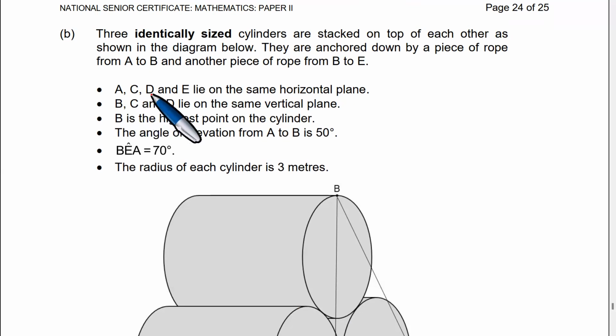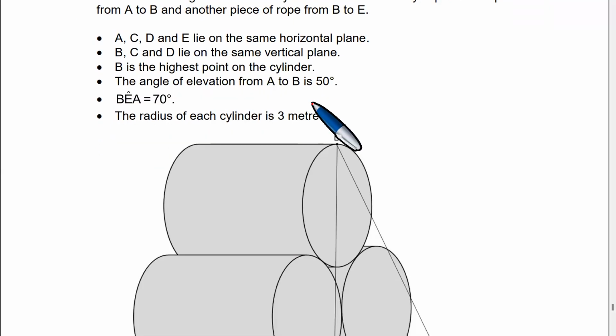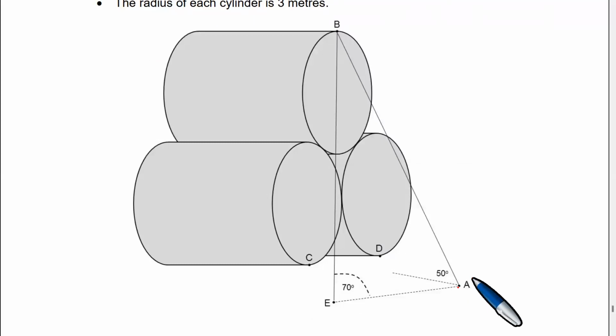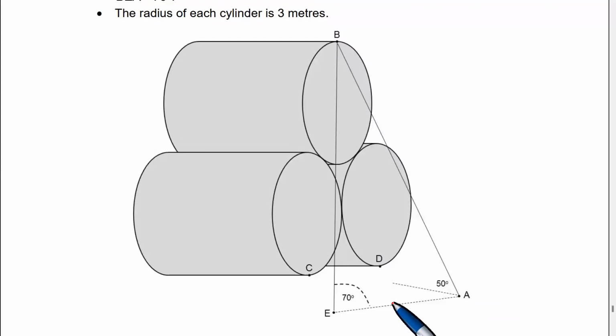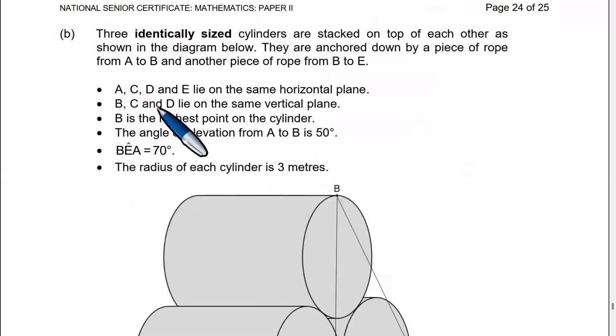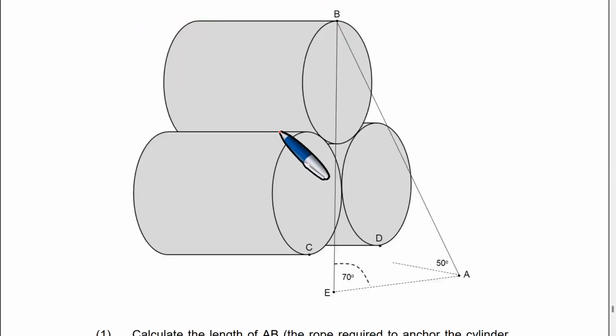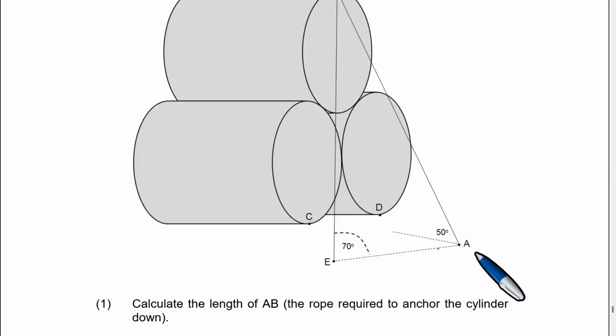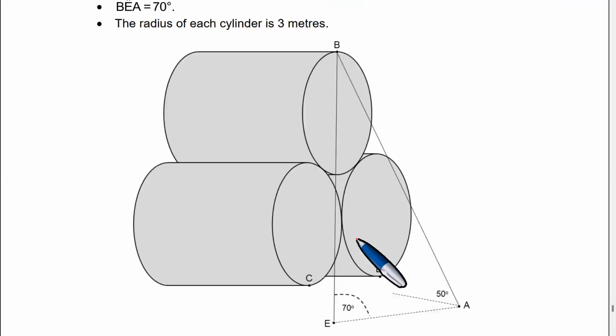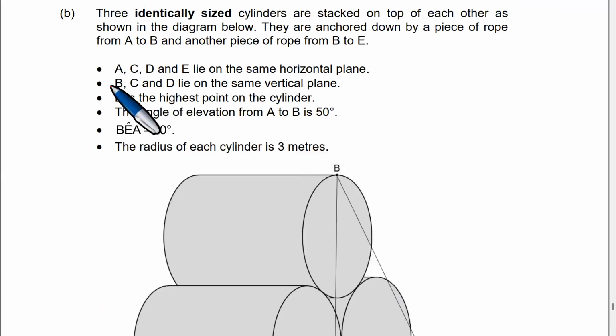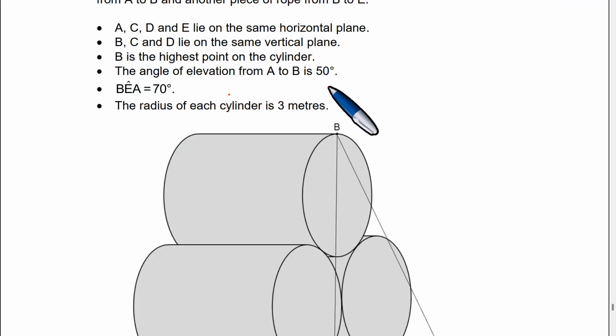A, C, D, and E lie on the same horizontal plane. B, C, and D lie on the same vertical plane.